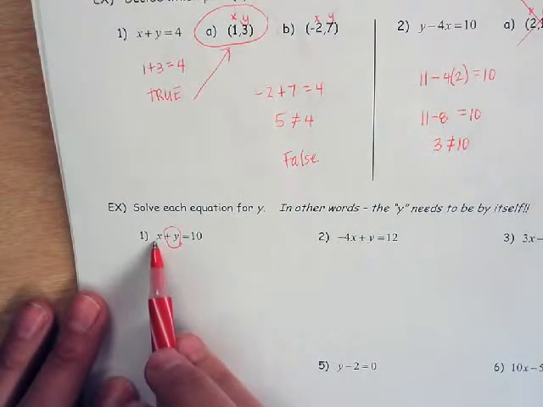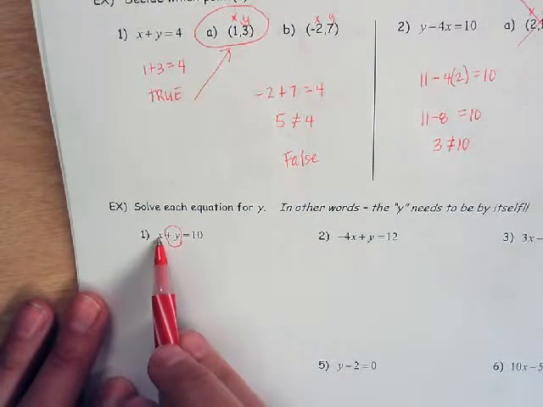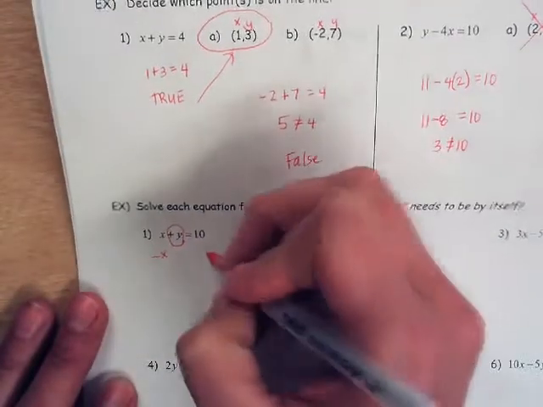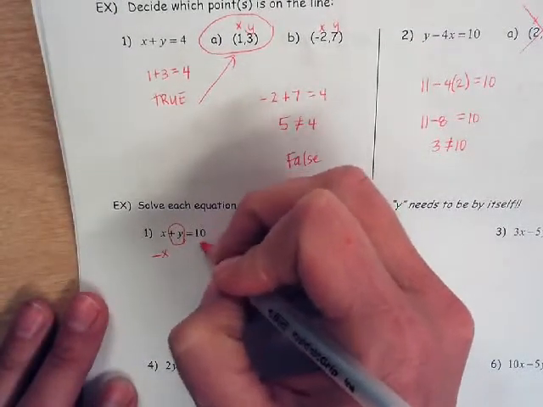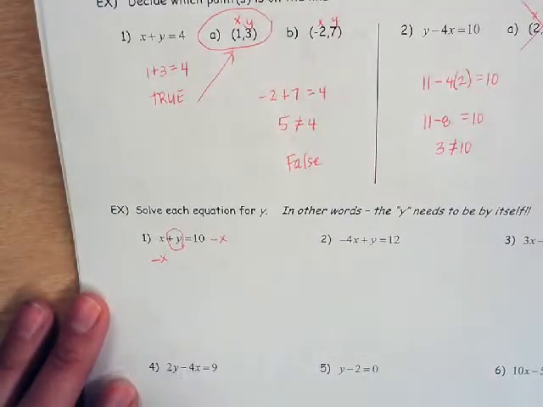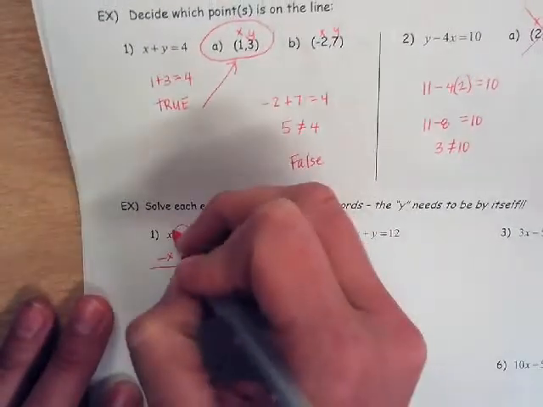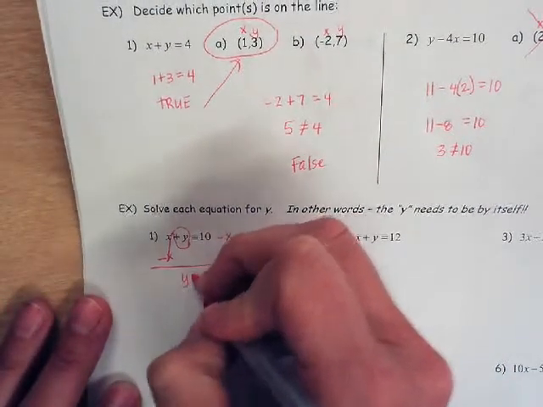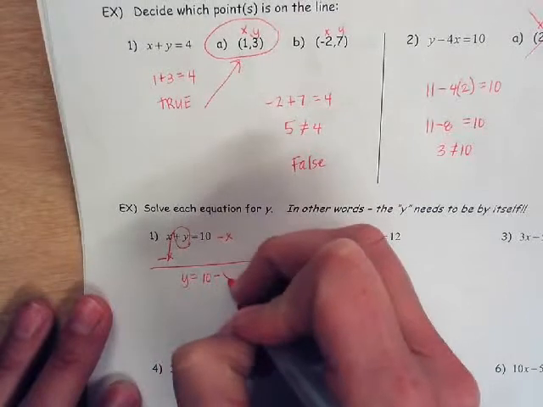So since there's not a sign in front of this x, we assume it's positive. So I'm going to subtract x from both sides. Now I cannot subtract x from 10, so I'm just going to write it out to the side here. So on this side, those two equal 0. So I have a positive y equals 10 minus x.